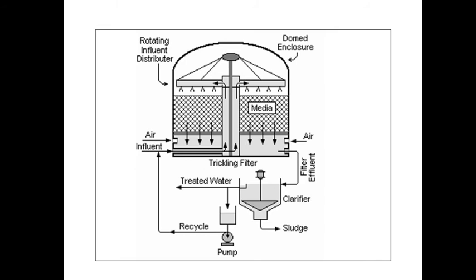The film consists primarily of bacteria, protozoa, and fungi that feed on the waste organics. As the wastewater flows over the slime layer, organic matter and dissolved oxygen are extracted and metabolic end products such as CO2 are released. Dissolved oxygen in the liquid is replenished by absorption from the air in the voids surrounding the filter media.